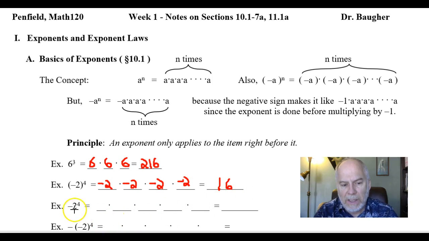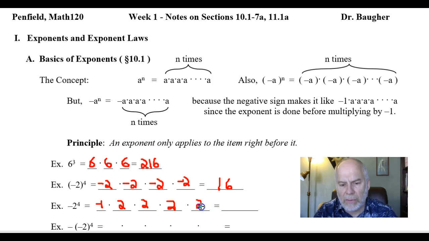Now in the next example, we have just the opposite of 2 to the fourth. In other words, it's not negative 2 taken to the fourth power. That's what you'd have if you had it in parentheses. It's just a negative 1 in front, and then times 2 multiplied 4 times.